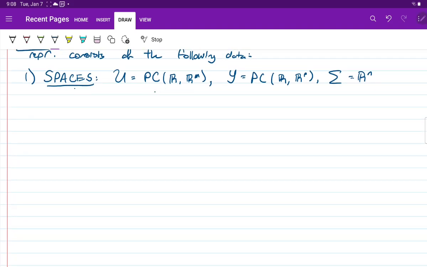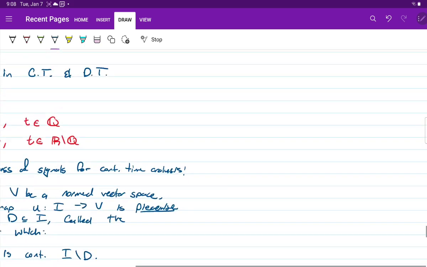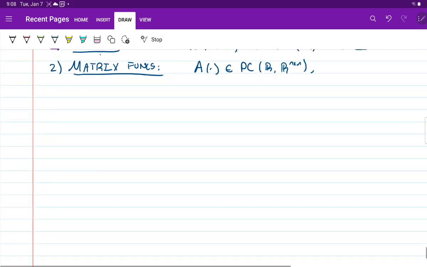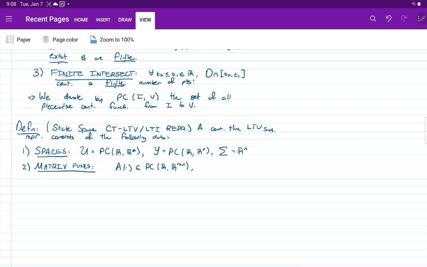What else do we have? Second, what we have is matrix functions. So I'm also going to specify a set of 4 matrix functions. I'm going to have a function A in PC of R, R^(n by n).